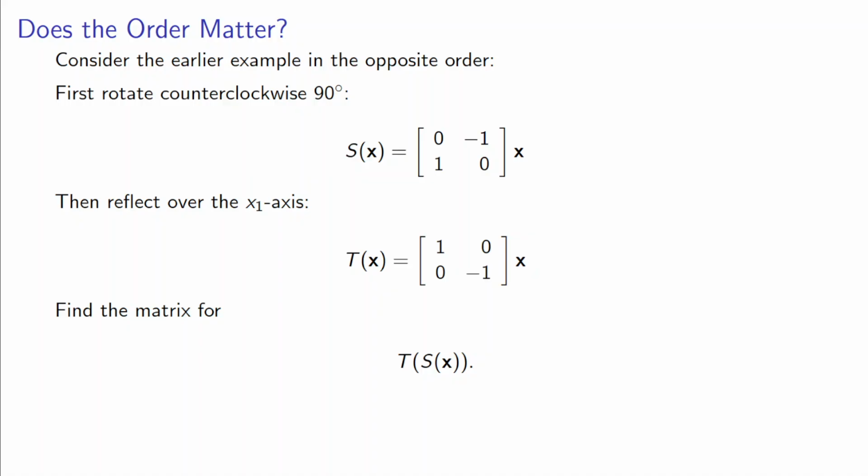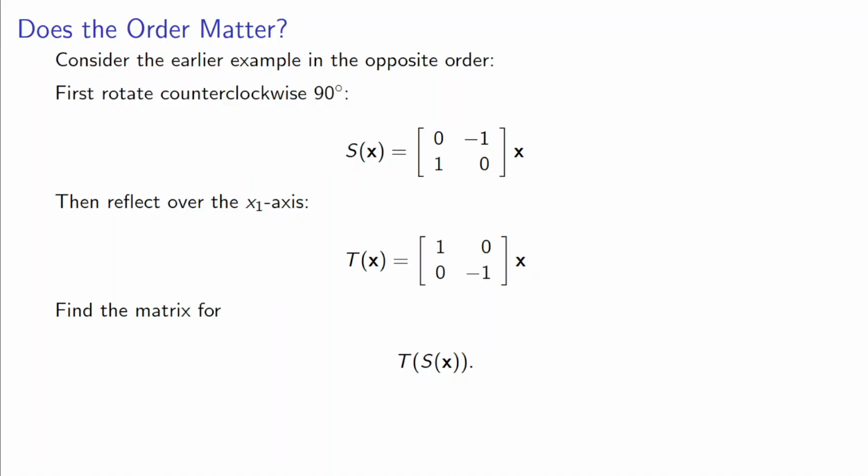Another thing I want to point out, that we talked about earlier with matrix multiplication, is the order in which we do things. So does this order matter? Consider the earlier example, but in the opposite order. Suppose instead of the reflection, then the rotation, we did the rotation first and then the reflection. And so we have our matrices.